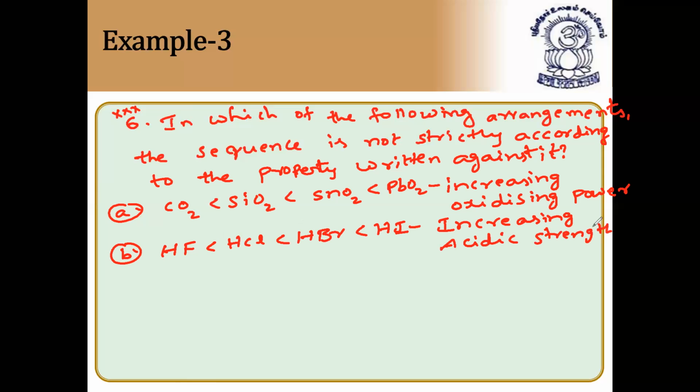Next, third option. As I told you, this is complete P block elements. Ammonia less than phosphine, less than arsenic hydride, less than antimony hydride. Increasing basic strength.